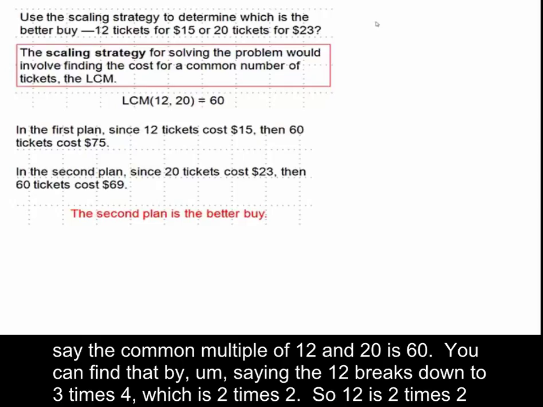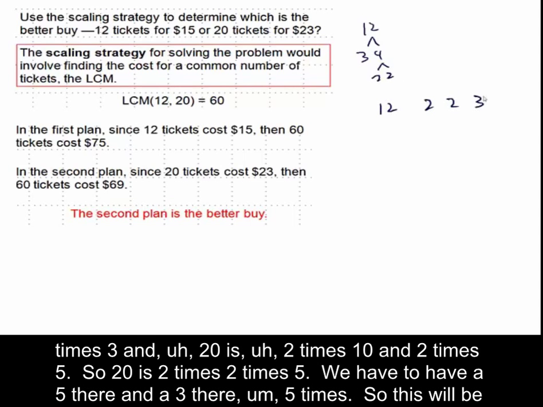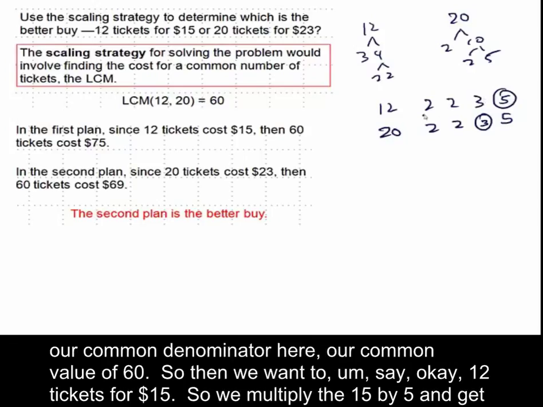You can find that by saying 12 breaks down to 3 times 4, which is 2 times 2. So 12 is 2 times 2 times 3, and 20 is 2 times 10 and 2 times 5. So 20 is 2 times 2 times 5. We have to have a 5 there and a 3 there, so this will be our common value of 60.